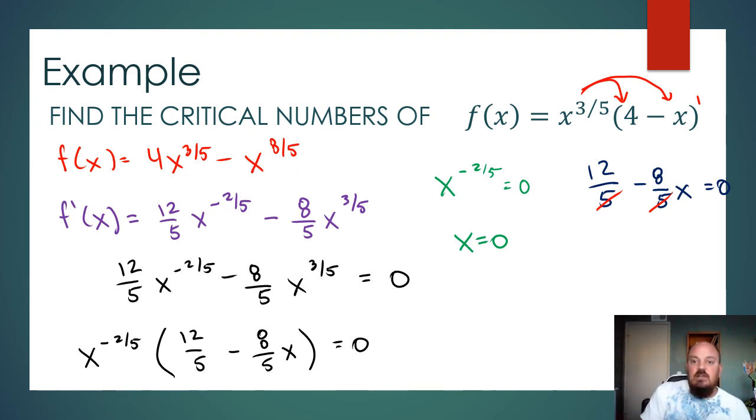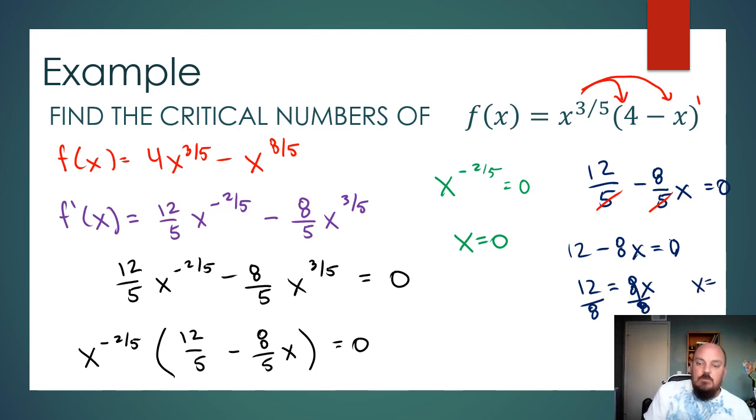So basically you'll have 12 minus 8x equals 0, because 0 times 5 is still 0. So if you add 8x to both sides, you would have 12 equals 8x. Divide by 8, and your other critical number, reduced by 4, is 3/2.